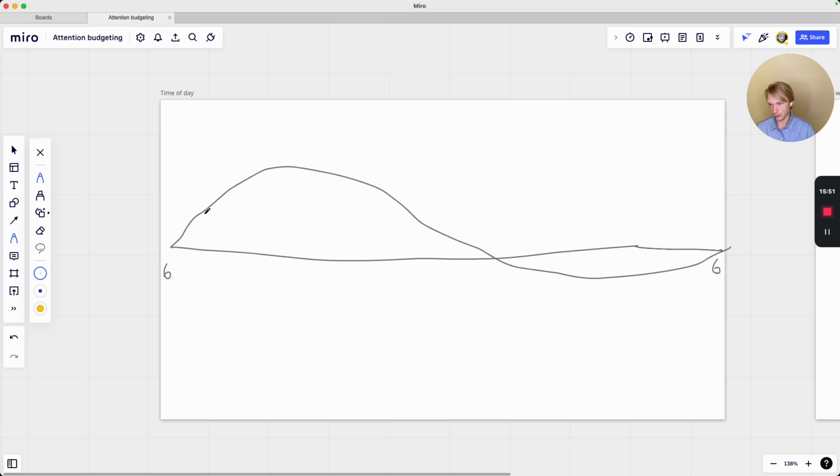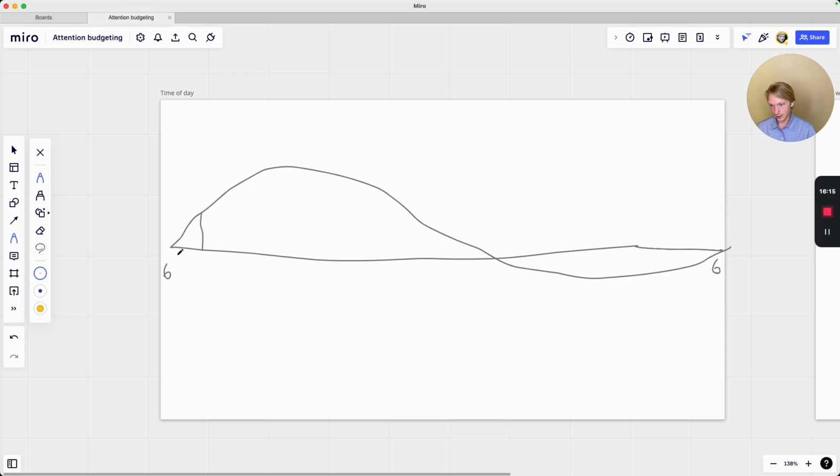Not perfect, but just bear with me. So let's say hypothetically you wake up naturally at around 6 a.m., which is when the sun comes up. That's really how humans worked for most of history. Even clocks are a relatively new technology, and artificial light we've only had available en masse for a few hundred years.